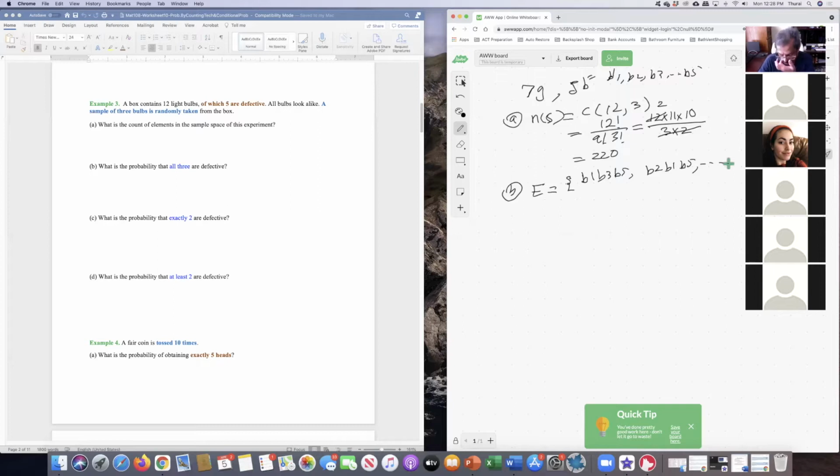So these elements are in the sample space, but these are the ones that will make the event of having all 3 defective happen.